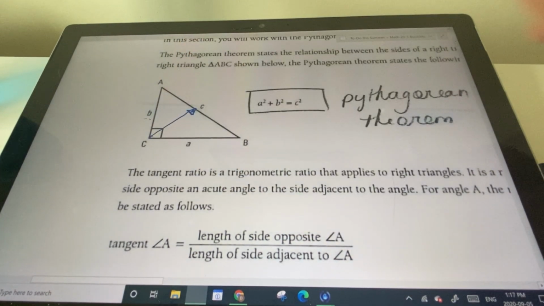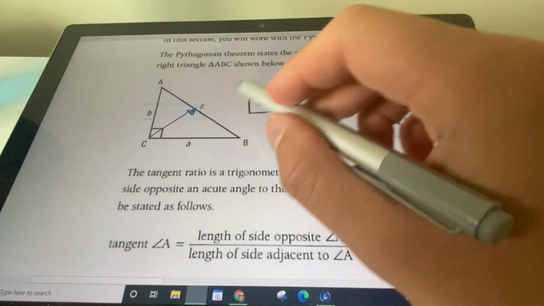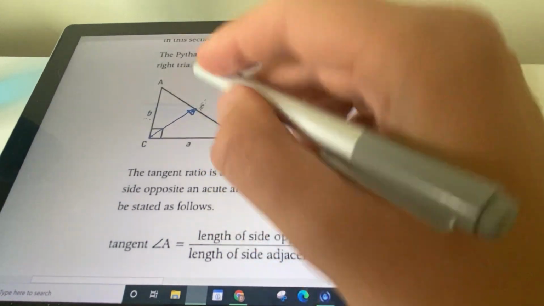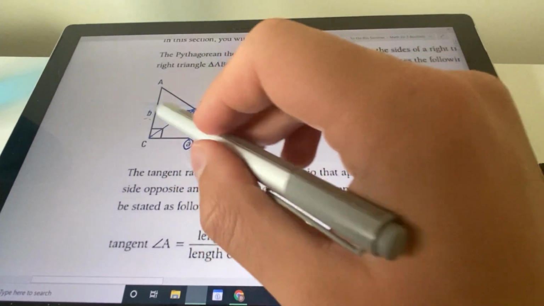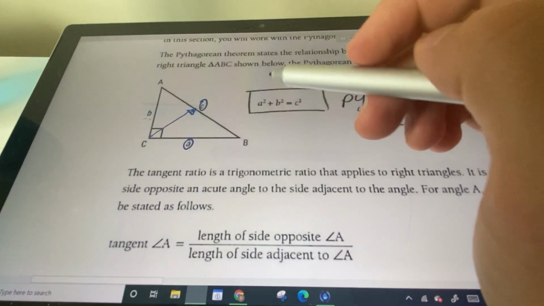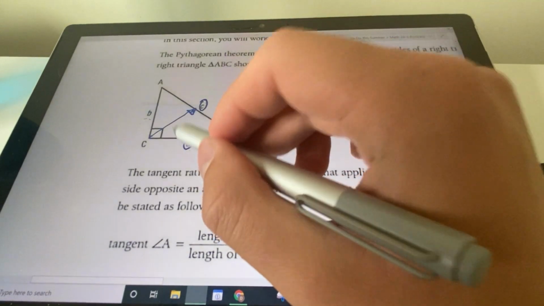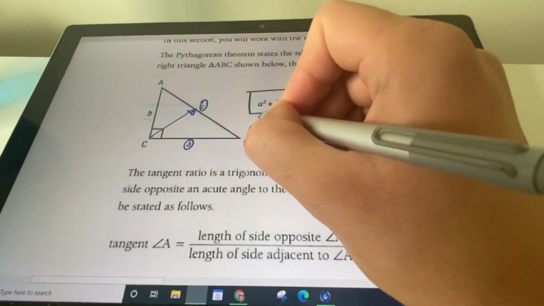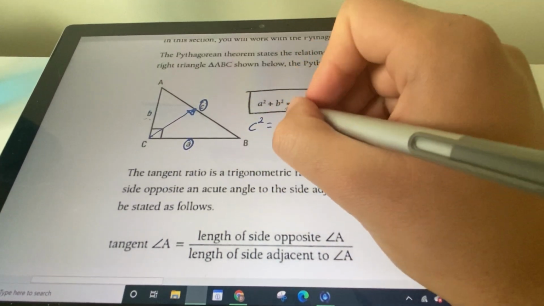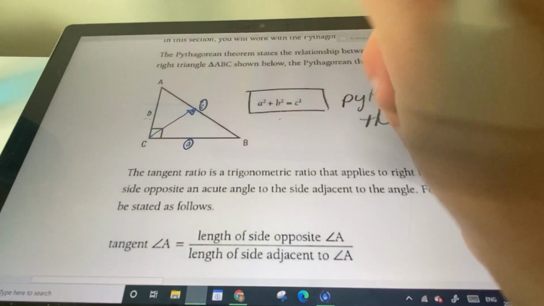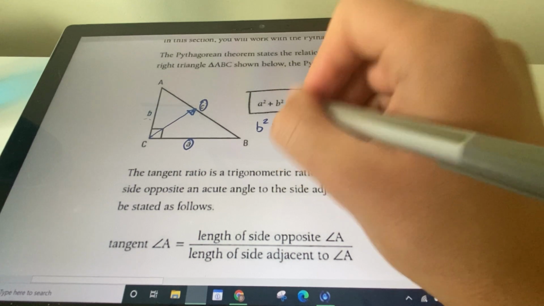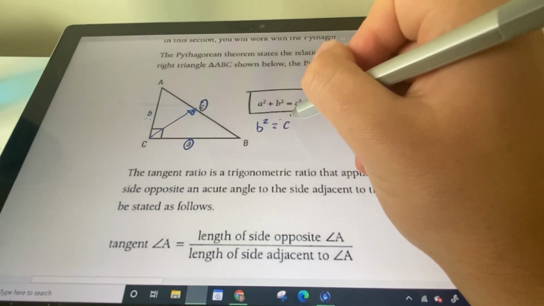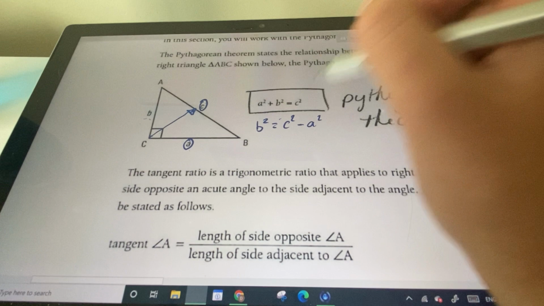Now, it's also important to remember, if I'm given c and if I'm given a, how do I find b, okay? Anytime you're trying to find one of the legs that is not the hypotenuse, you subtract the other leg from the hypotenuse. So that means if I'm trying to find b, b squared equals c squared minus a squared, okay?